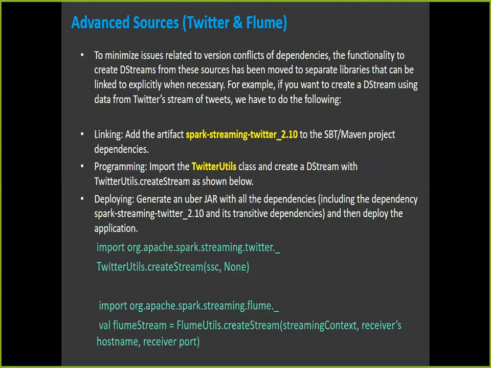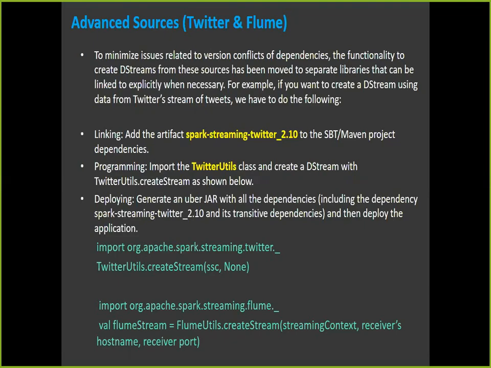Coming to the advanced sources, you can connect to Twitter, you can connect to Kafka. Kafka is one of the streaming sources that we will see. For these advanced sources, you need an additional dependency for your Maven or SBT building.